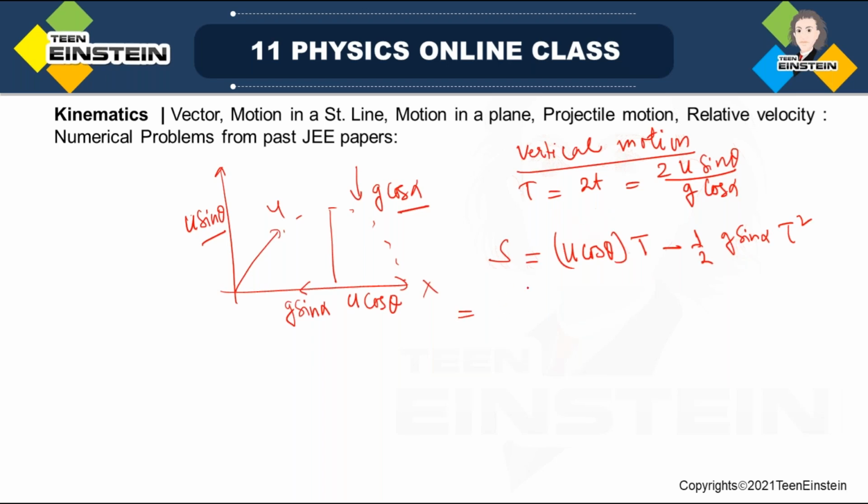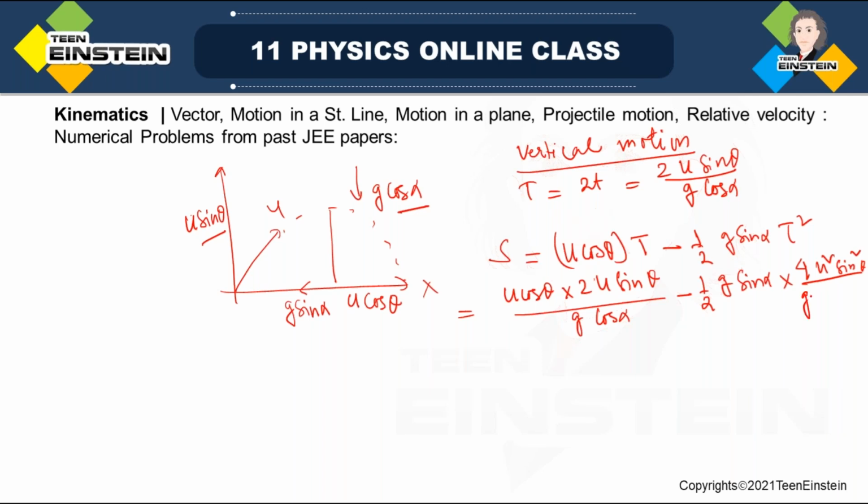So we can find out u cos of theta, t is 2 into u sine theta by g cos of alpha, minus half g sine of alpha into t square, means 4 u square sine square theta divided by g square.